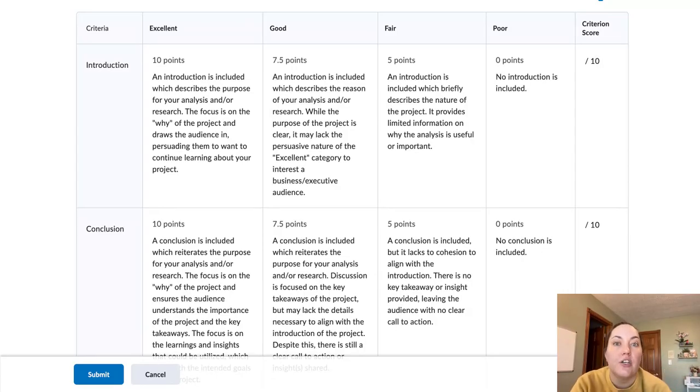So, a really good executive report or business report, whichever one you want to call it, has an executive summary, introduction, something to draw the audience in. So, I want you to have, beyond the title slide, some sort of good introduction slide that draws the audience in to say, this project is really important.